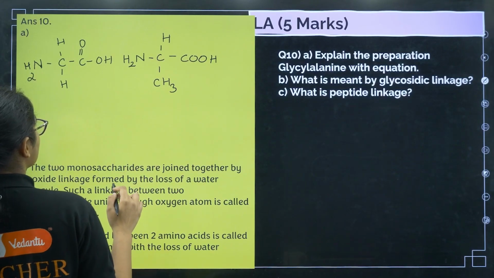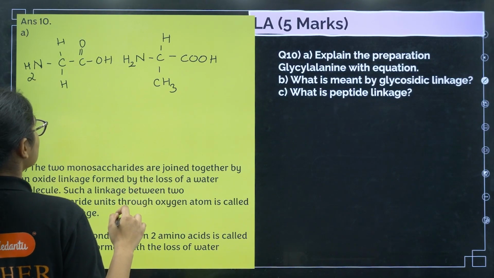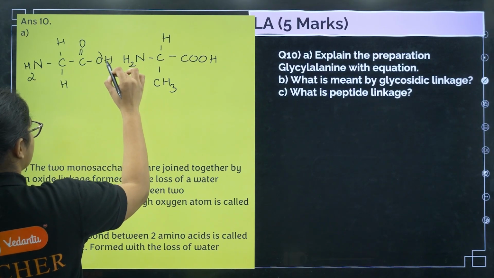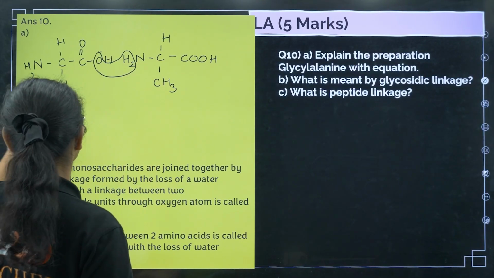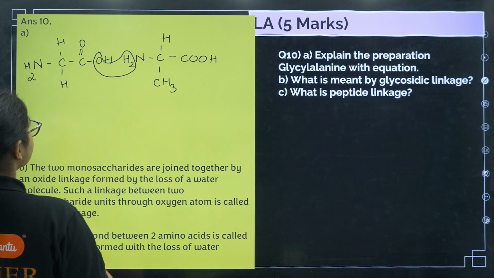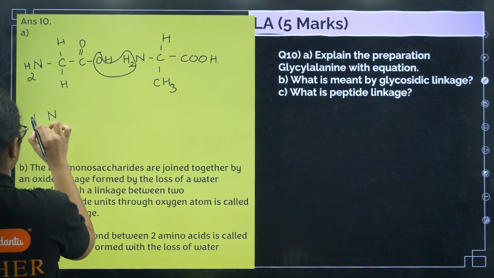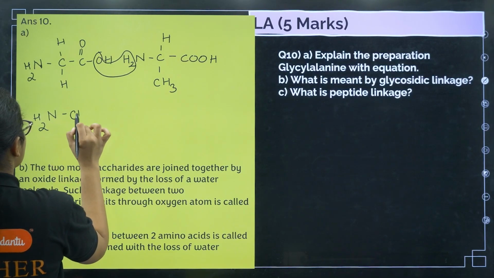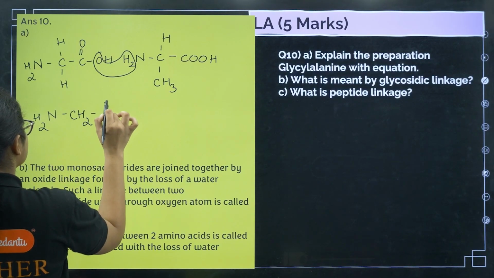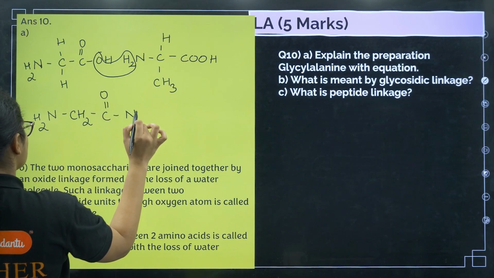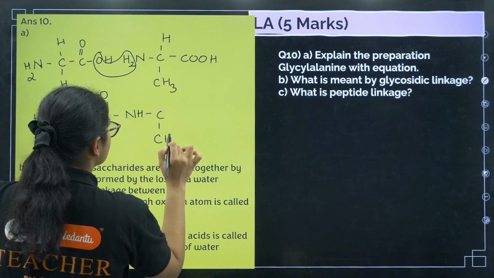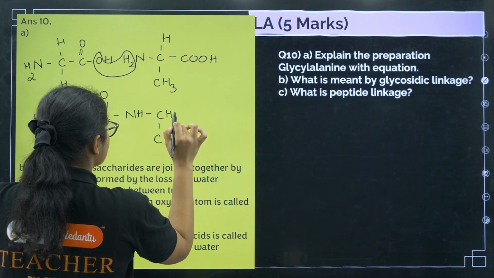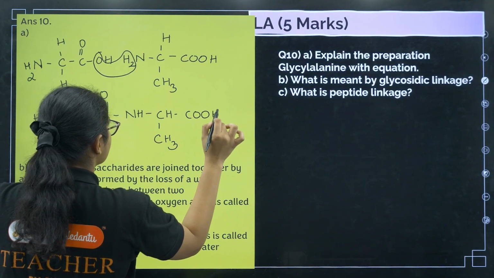Okay, so here what will happen? Yes, so here one H2O will be removed. Now you will get NH2, CH2, C double bond O, NH, C, CH3, COOH.